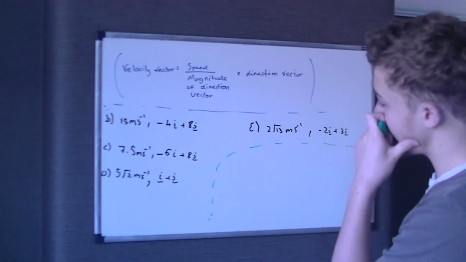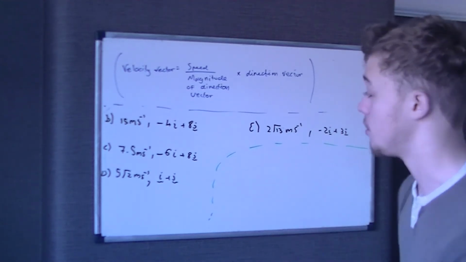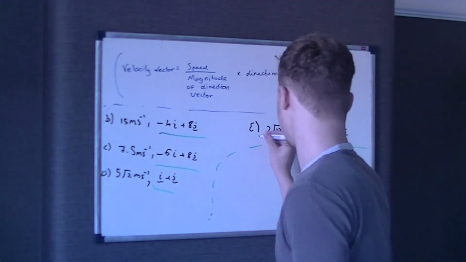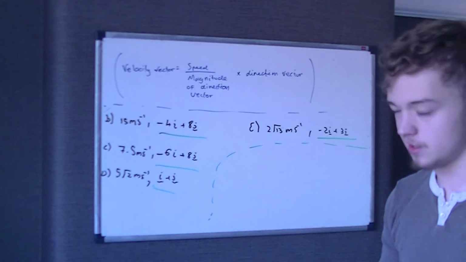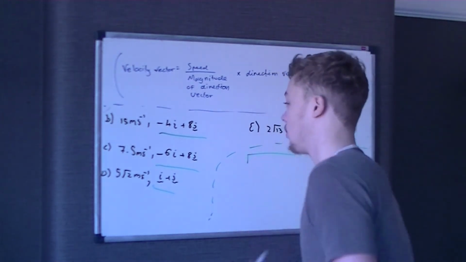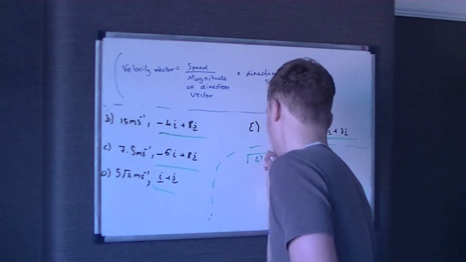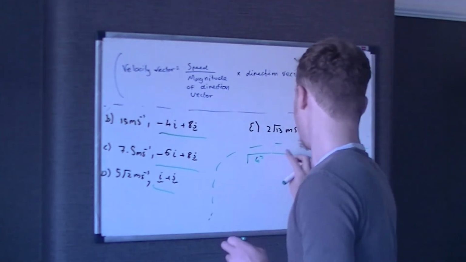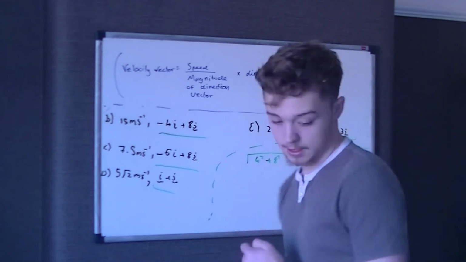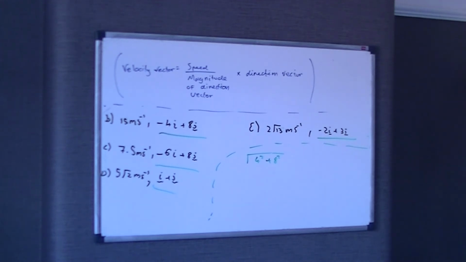Alright, so the first thing that we need to do, the only thing that we don't have, is to work out the magnitude of the direction vector. Obviously each one of these is the direction vector, and they each have a coefficient. And the coefficient of i and j is all we're really interested in. So the first one, it's not minus 4, it's 4 squared, works out the same. So 4 squared, which is 16, plus the 8 squared, which is 64. So therefore it's 16 plus 64, which is 80.